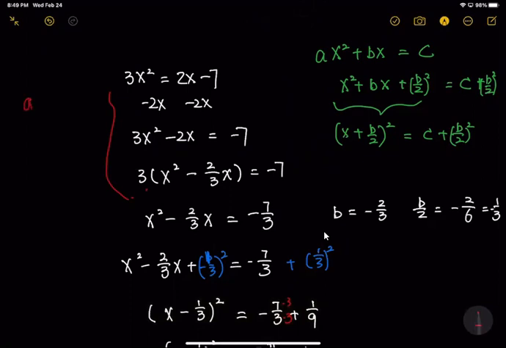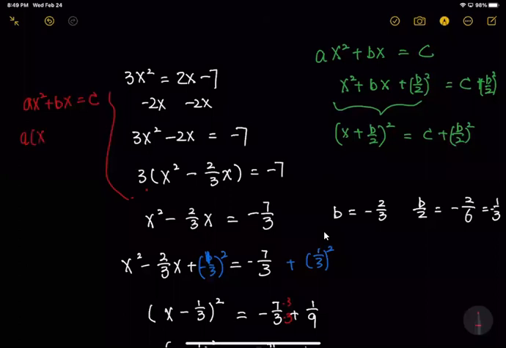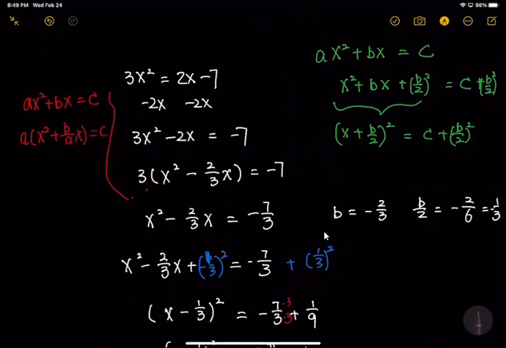Say I have ax squared plus bx equals c. If you factor the a out, you will have (b over a) times x, and then you can divide by a on both sides. You have c over a. Now this becomes the new b term. You can still add (b over 2) squared on both sides.